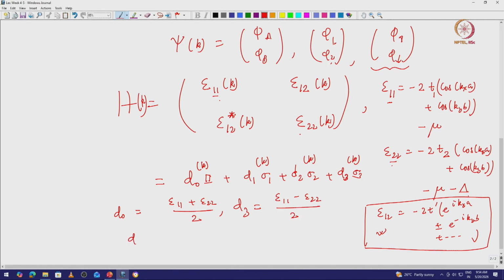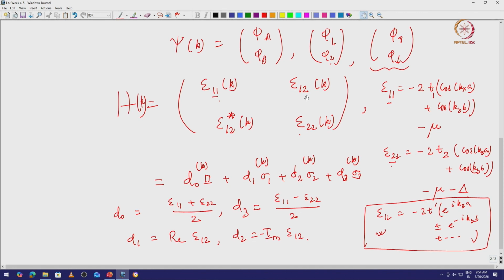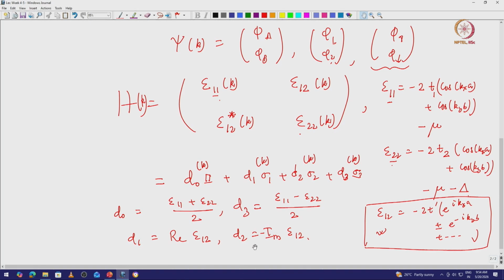D1 will be the real part of the off-diagonal hopping term and D2 is going to be the imaginary part with a minus sign of the off-diagonal term. These off-diagonal terms, real part and imaginary part, will go into D1 and D2.